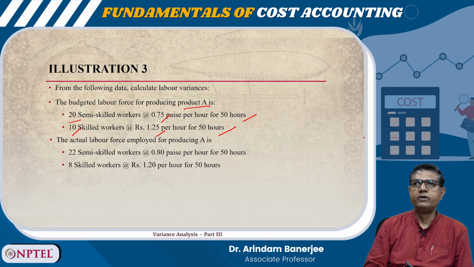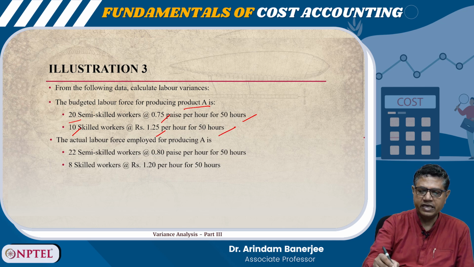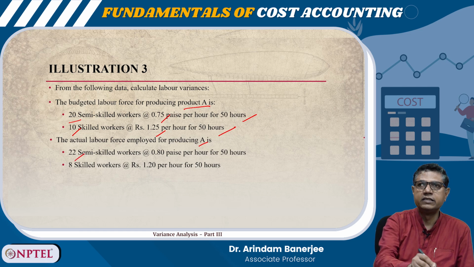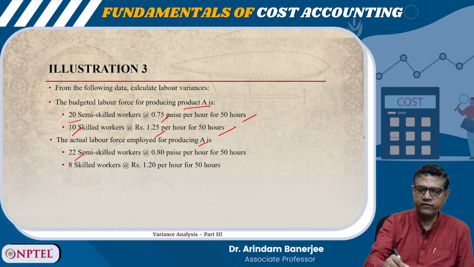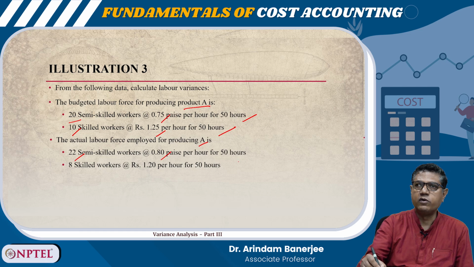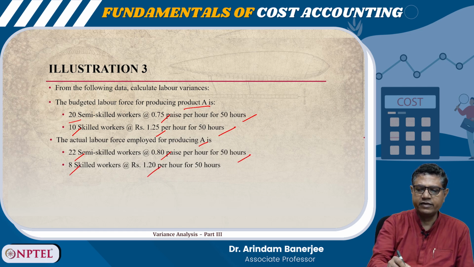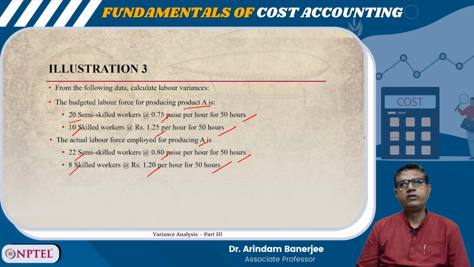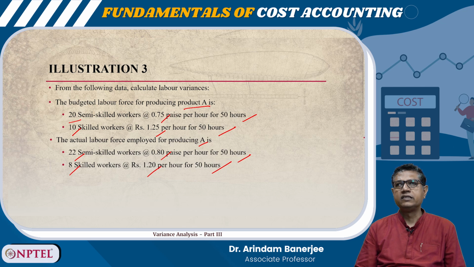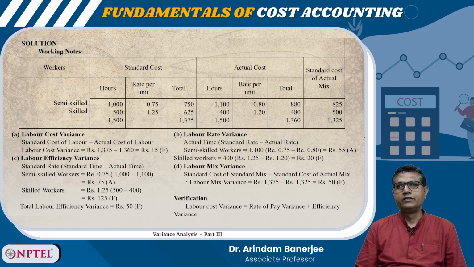The actual labor force employed for producing A is 22 semi-skilled workers at the rate of 0.80 paisa per hour for 50 hours, 8 skilled workers at the rate of rupees 1.20 per hour for 50 hours. So this was illustration 3. Now we need to calculate the variances.